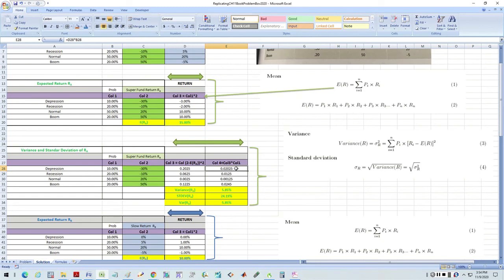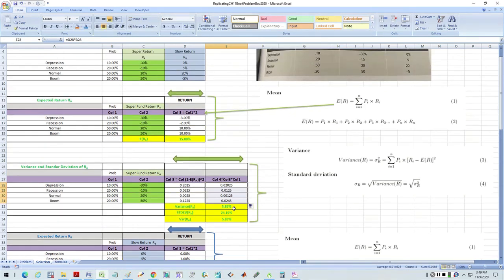Then we're going to sum it, and that's our variance, 5.85%. The standard deviation, as you know, is the square root of the variance. So all we do is equal SQRT of the variance number, and that's our standard deviation.